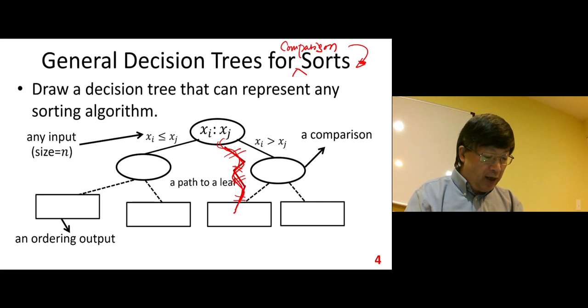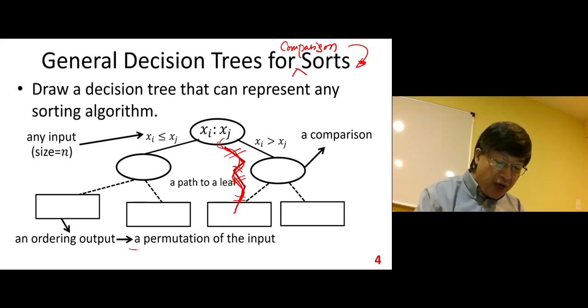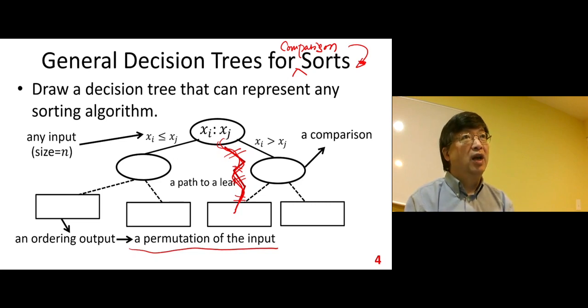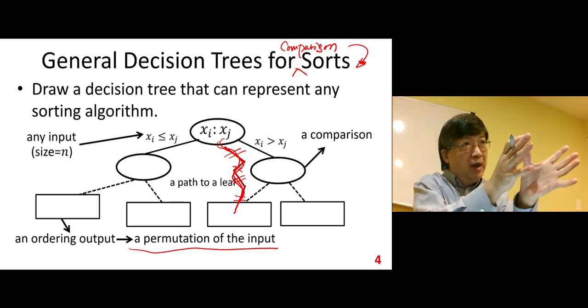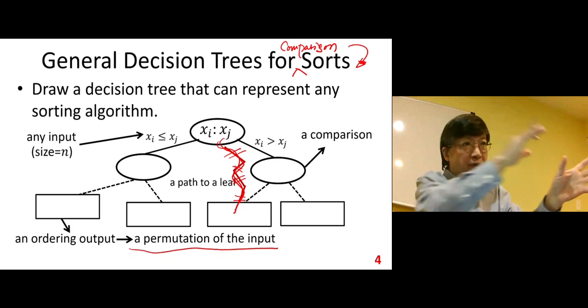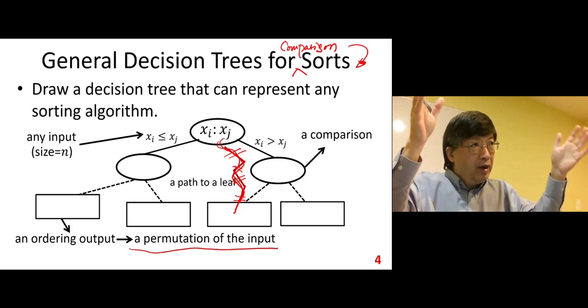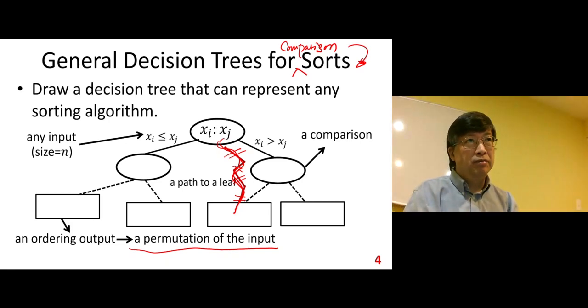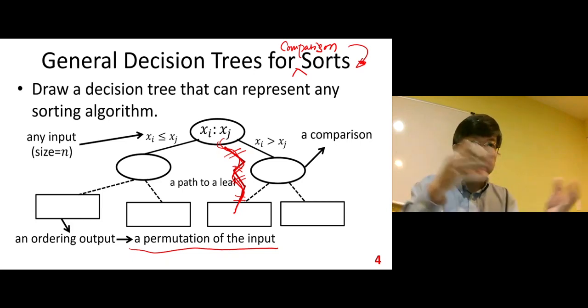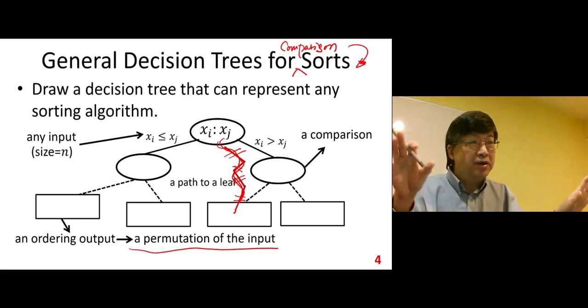Then, what is an ordering output? How do we understand it? Basically, it is a permutation of the input. We are given a sequence of n numbers, with an order for the locations of those n numbers. In the sorting result, we rearrange those n numbers, meaning we change their locations.